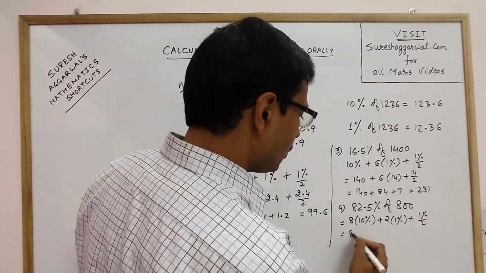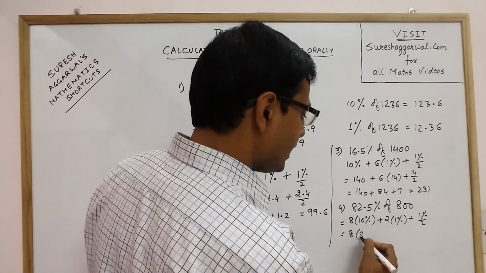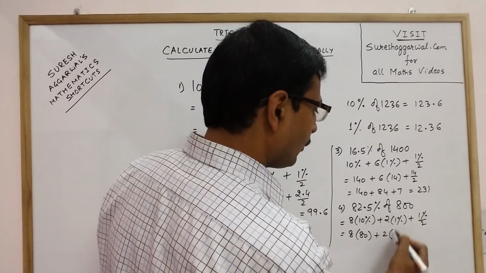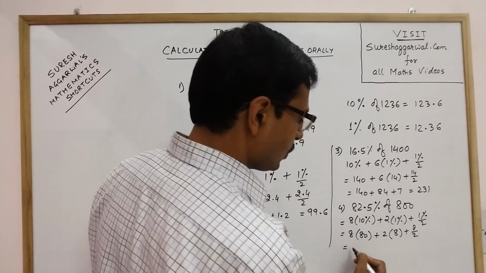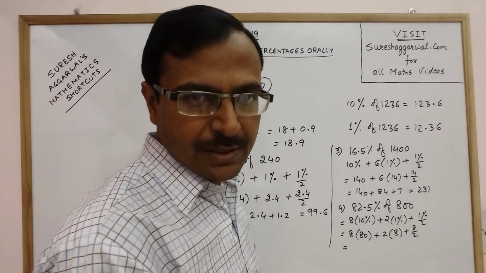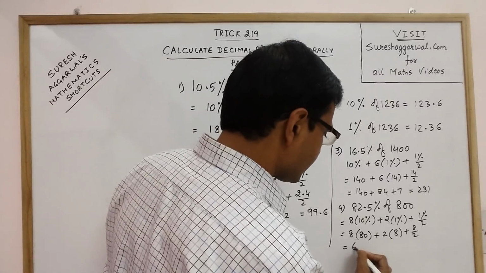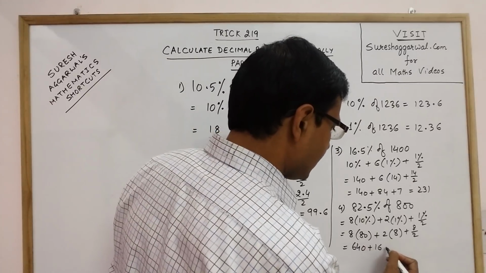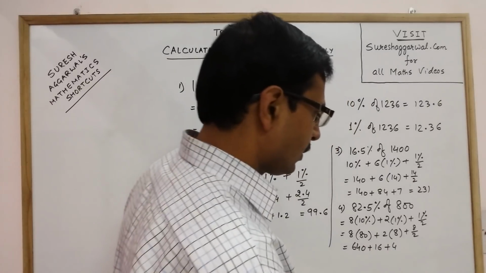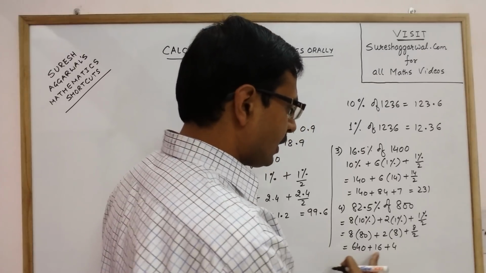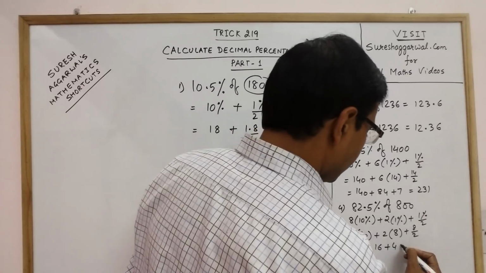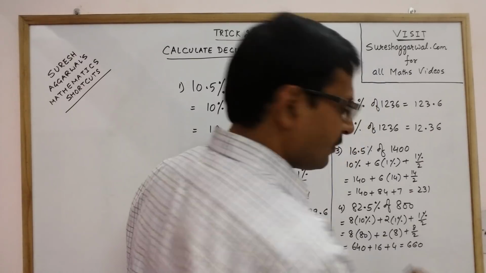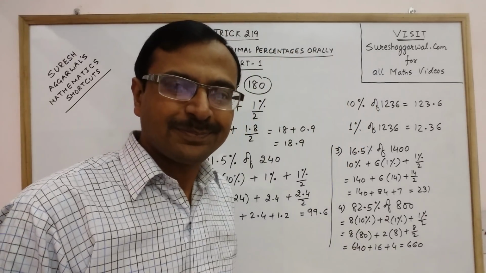So this is 8 into 10% is 80, 2 into 1% is 8, and 8 upon 2. So you get your final answer by making this simple calculation. Now 640 plus 16 plus 4. So 640 plus 20, this is 660, which is your answer.